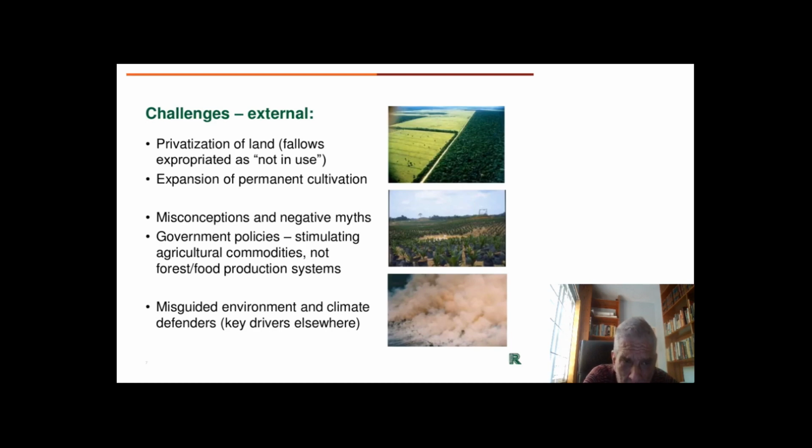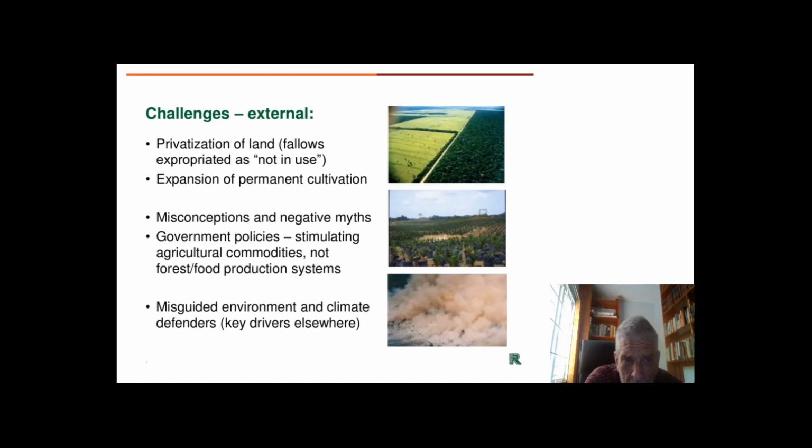And there's the expansion of permanent cultivation. We can see this here. Here's the rainforest, and it's being cleared for permanent cultivation of crops. So the rainforest is getting smaller and smaller, and therefore the land available for shifting cultivators is getting less.